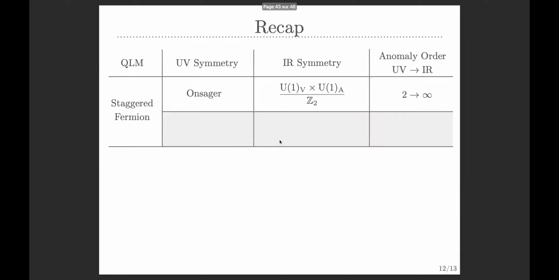Okay, good. So let's just recap what we just showed. We started off with this very complicated UV Onsager symmetry, and its anomaly order is 2. If we look at the staggered fermion model, the Onsager symmetry in that model becomes the normal vector and axial symmetries, and that has an infinite order anomaly.